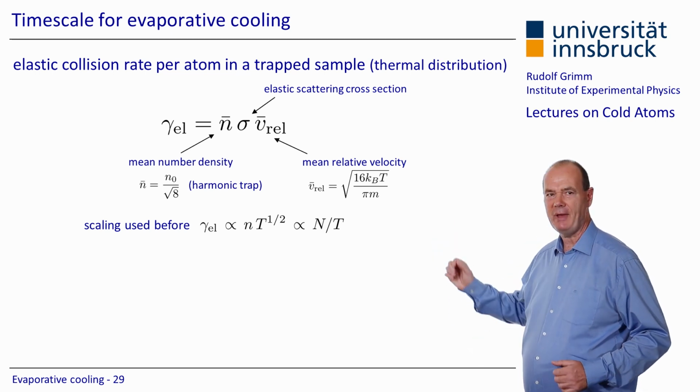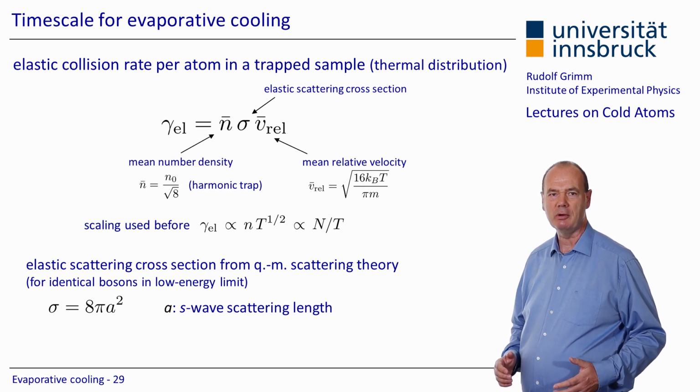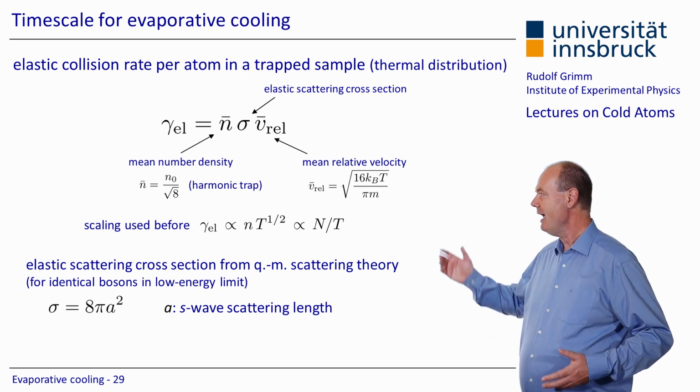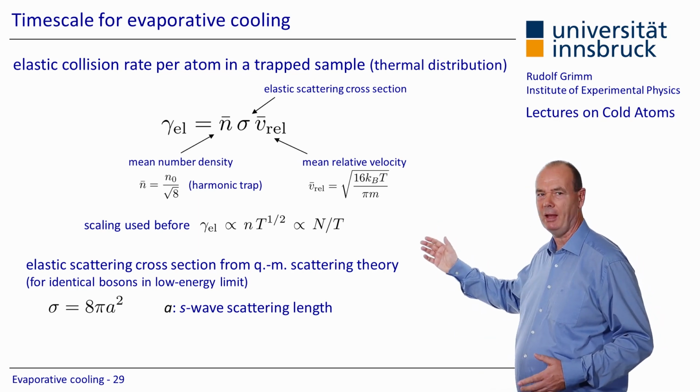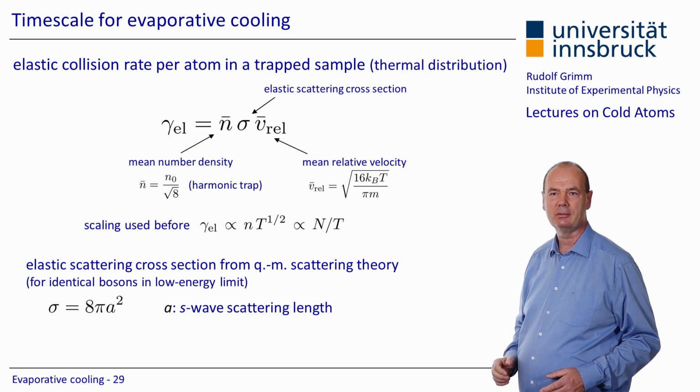The remaining factor is the elastic scattering cross-section sigma. Quantum mechanical scattering theory tells us that for identical bosons in the low energy limit, sigma is given by 8 pi times a squared, where a is the so-called S-wave scattering length.